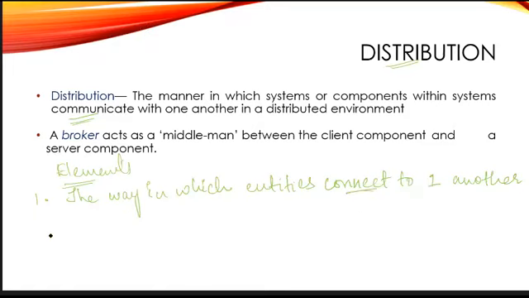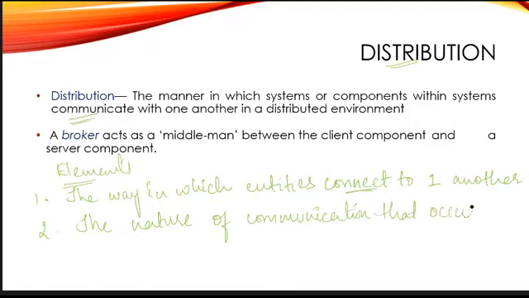So the first problem that arises with distribution is how the different components or entities within the system are connected to one another. The second is the nature of communication that is going to occur between the different components or elements. So these are your two elements that are considered as a problem for distribution.